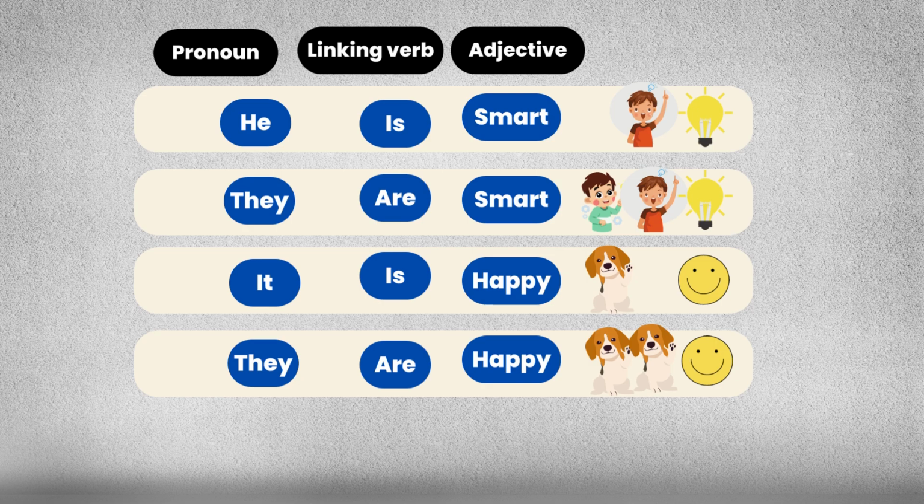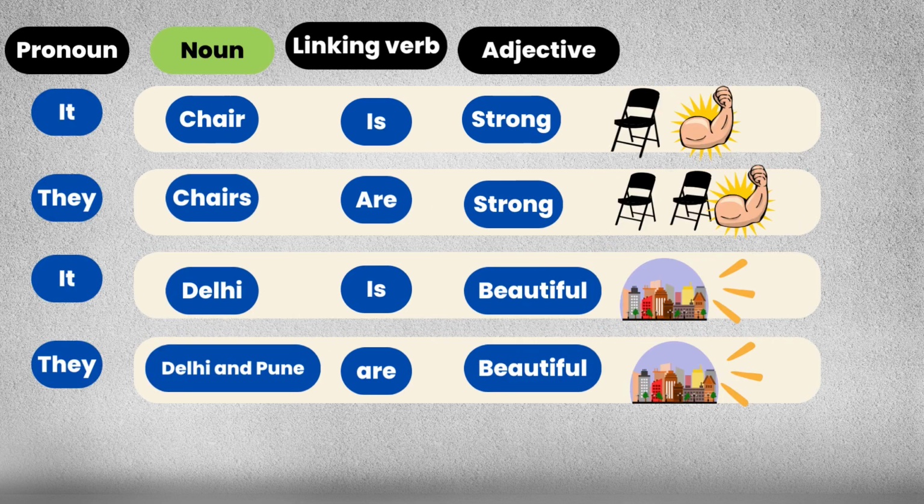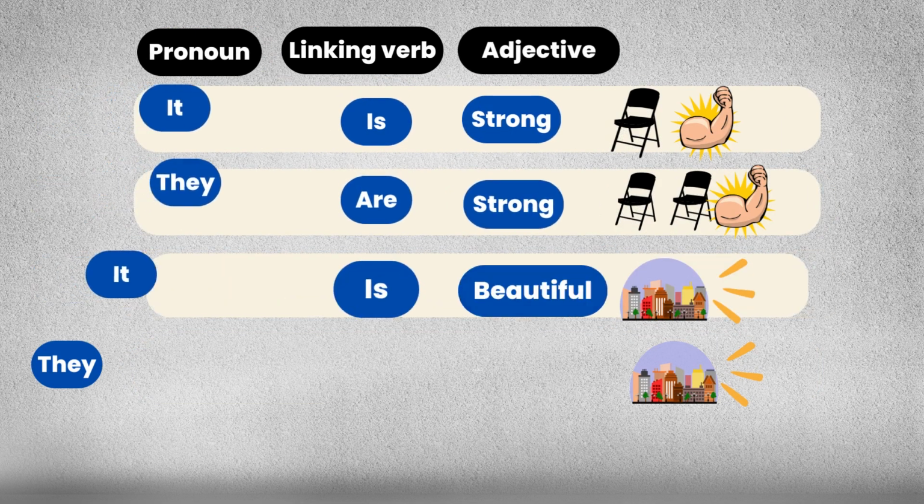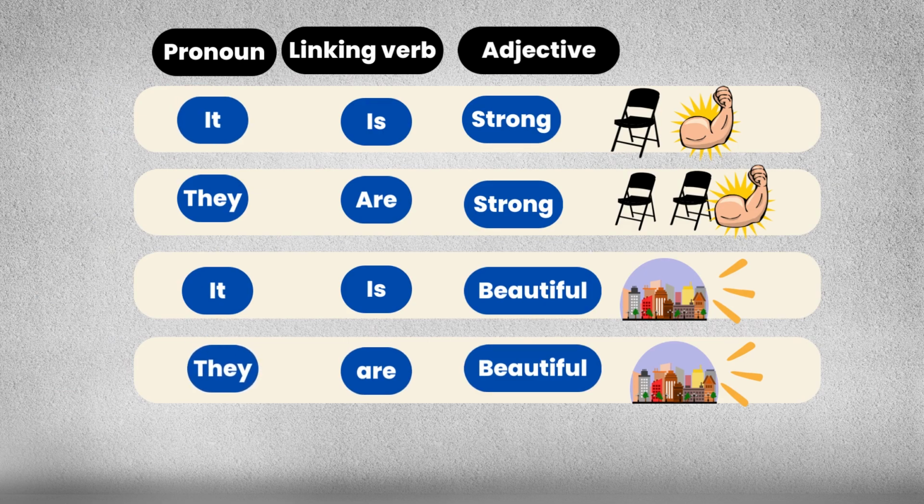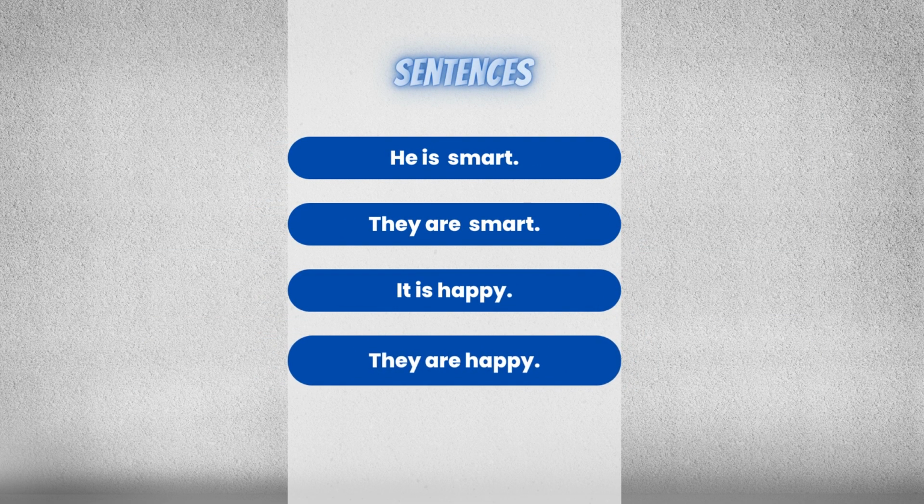It is happy. They are happy. It is strong. They are strong. It is beautiful. They are beautiful. You have learned these sentences now.